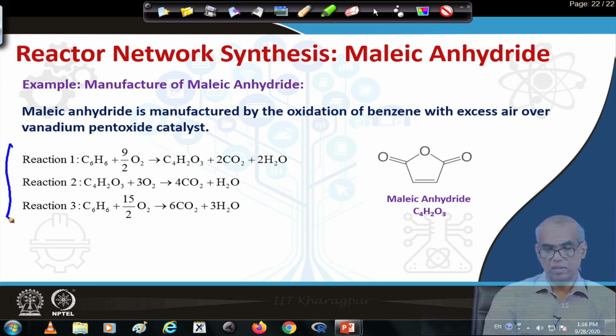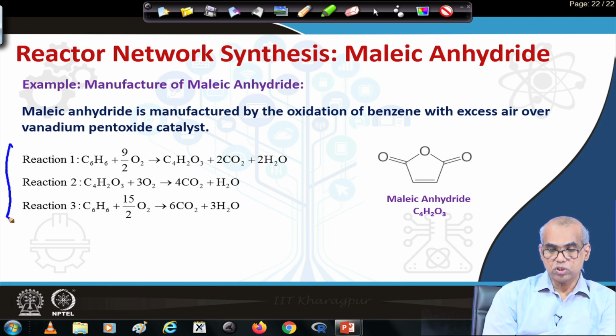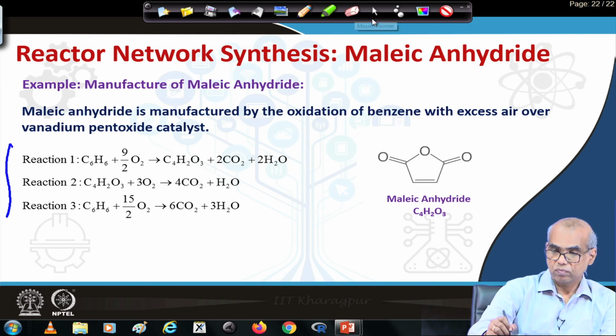In reaction 1, benzene reacts with oxygen to produce maleic anhydride, carbon dioxide and H2O. Reaction 2, maleic anhydride reacts with oxygen to give CO2 and H2O. Reaction 3, benzene reacts with oxygen to produce carbon dioxide and H2O.